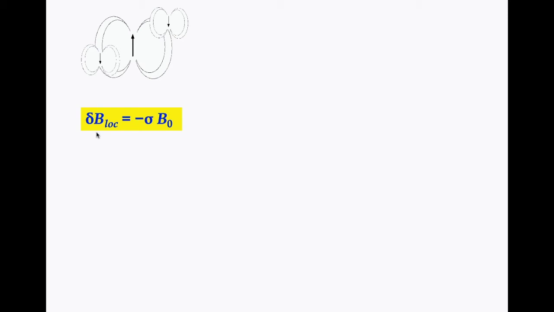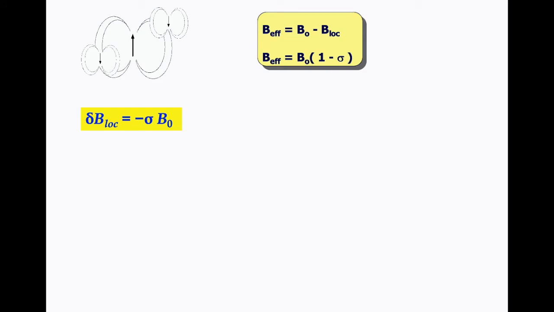Since a secondary magnetic field is generated locally, the nuclei don't feel the actual magnetic field B0, but instead feel something else. So I change my notation: B effective is the actual magnetic field experienced by the nuclei placed in a static magnetic field, considering the electron density.